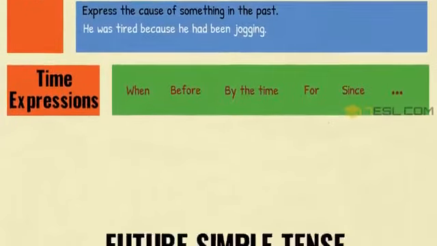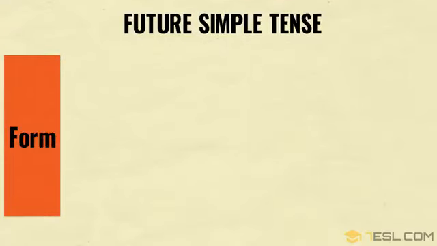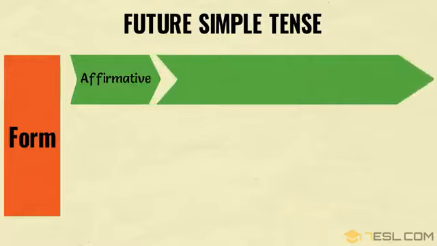Future simple tense. Form. Affirmative: subject plus will or shall plus verb.